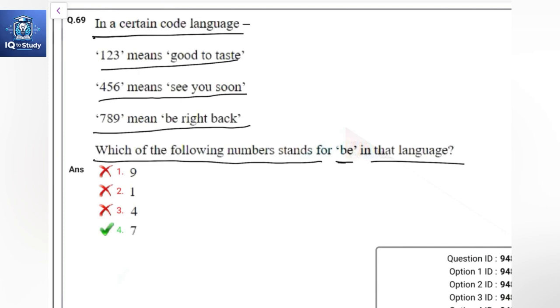So, as there are no common things between three lines, it was certainly each number and word coded on the same place. It means 7 means B. So option 4, 7 is correct.